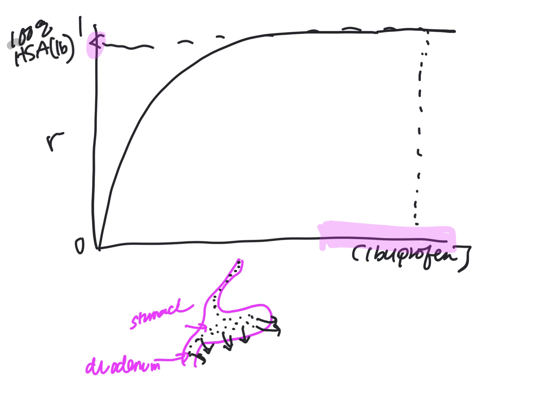How much of it is moving over is dependent on the charge in the two different places that we covered before. But right where the bloodstream is moving past the gastrointestinal tract, that's where your highest concentration of ibuprofen is.